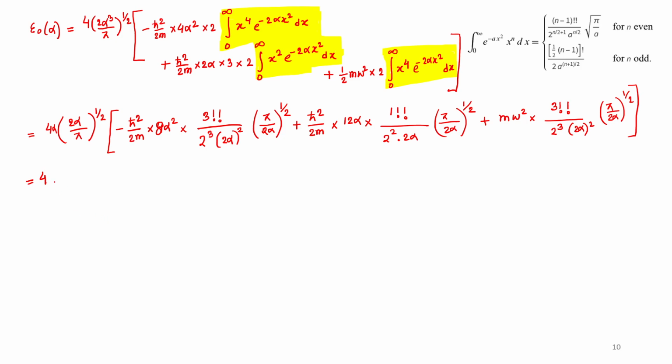So I'm going to get 4 alpha here outside, inside square by 2m into 8 alpha square. Double factorial is going to be 3 into 1, that is 3, divided by 2 to the power 3 is 8, and here 4 alpha square. These are already gone.